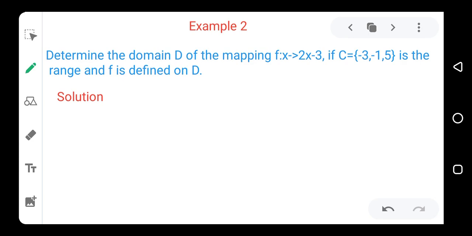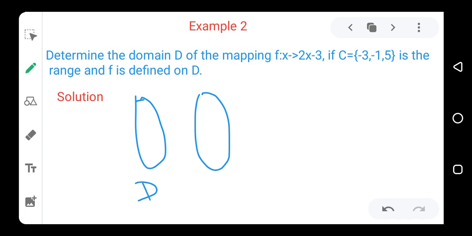Now here the domain is D, and the range is minus 3, minus 1, 5, and f is defined on D. Okay, so this represents the range.